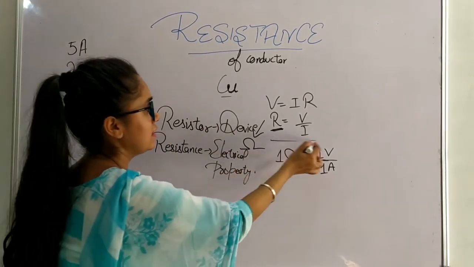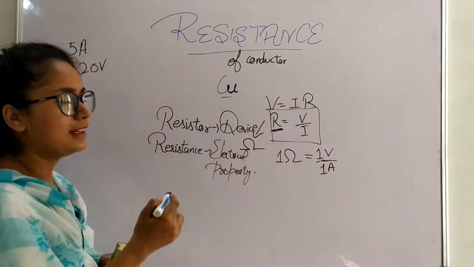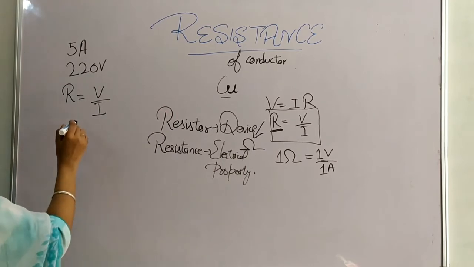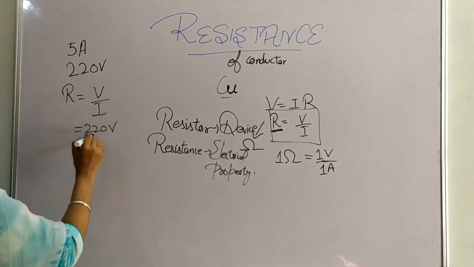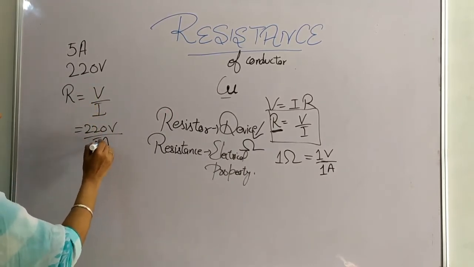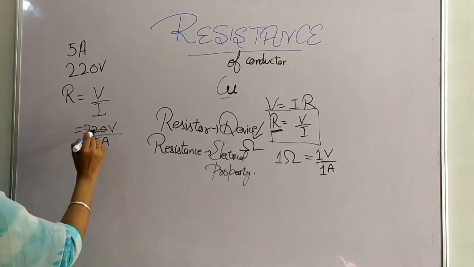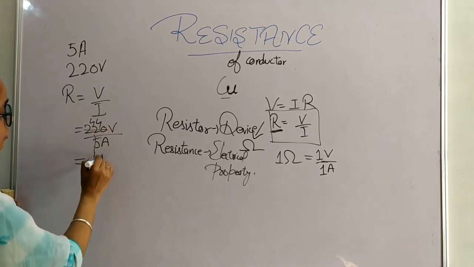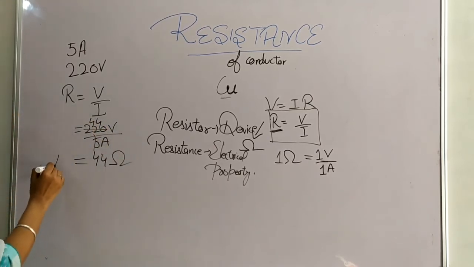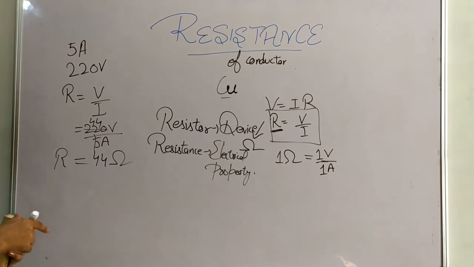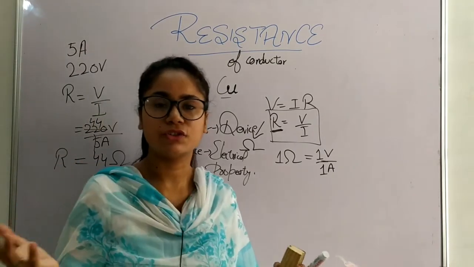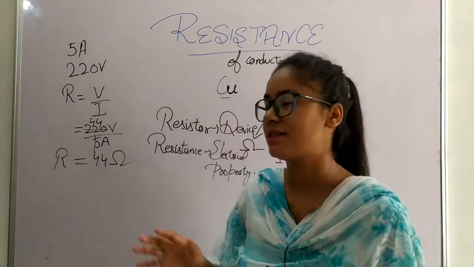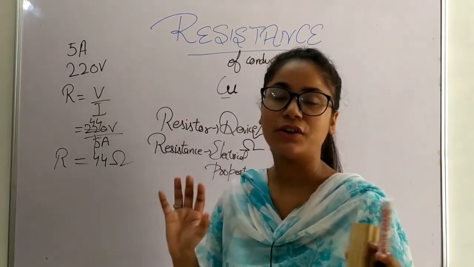It is pretty easy. It is R equals V over I. V is 220 volt and I is 5 ampere. So it would be 44. The resistance of the electric heater comes out to be 44 ohm. The numericals or the problems related to resistance are very easy. You can do it on your own.